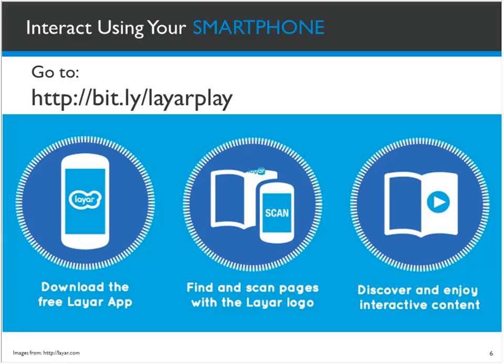So before we jump into the thick of things, if you haven't already done so, visit the URL on your screen and download this app to your smartphone or your tablet because I've built in some interactions into this webinar. So you'll be able to, with the app, point it at the screen, tap your screen, and get some additional media so you can see how AR really works in our environment.